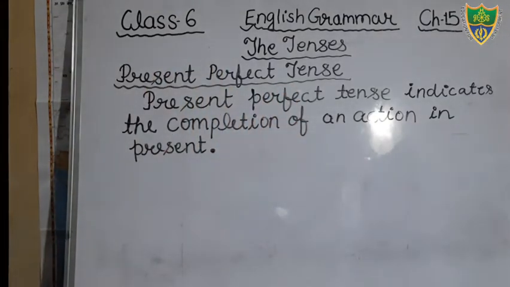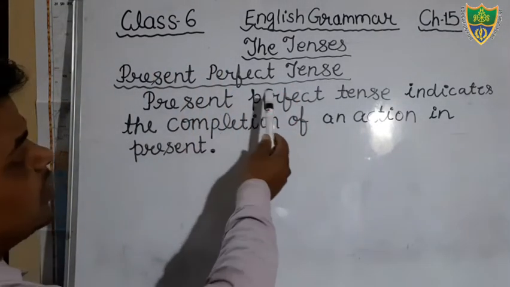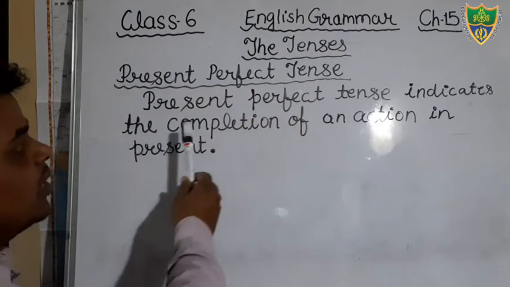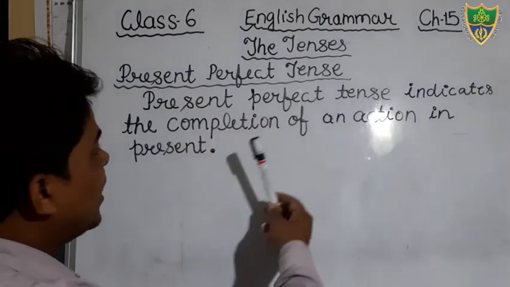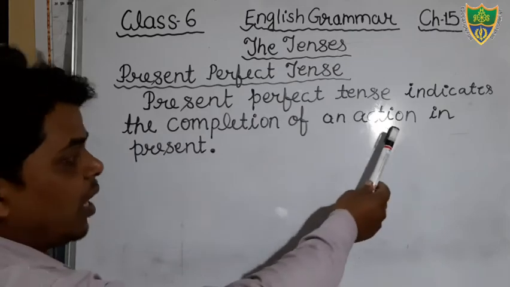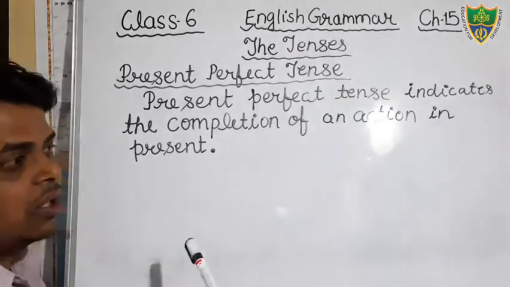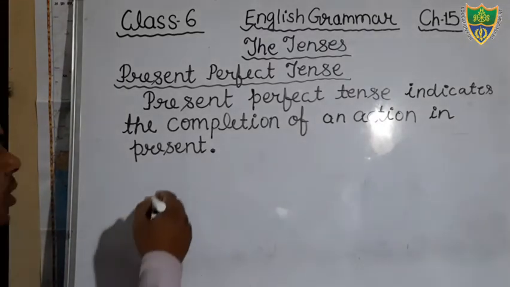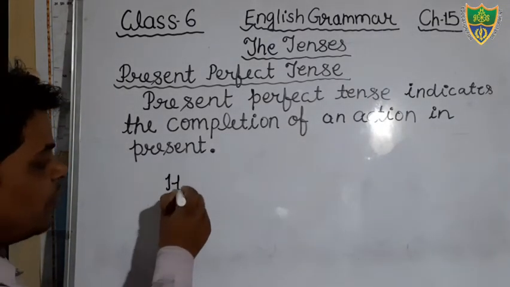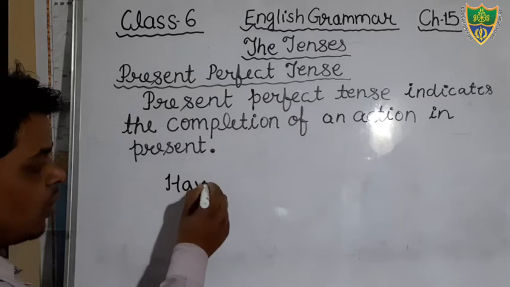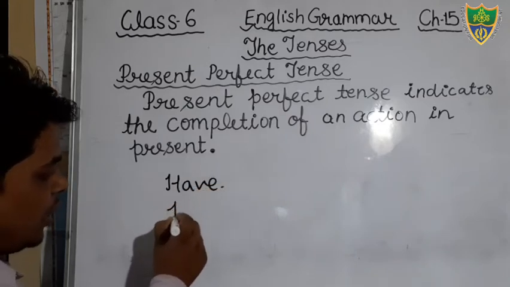So students, open your notebook and write down what is present perfect tense. You will write: present perfect tense indicates the completion of an action in present. Dear students, keep in your mind that in this tense there are two helping verbs that we use, have and has.